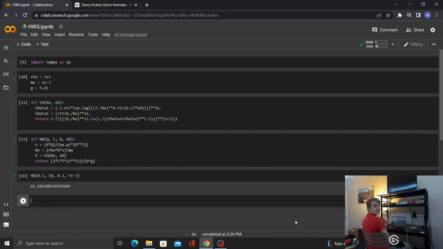So now we can start the final part of this problem, which will be calculating the flow rate when we know our head drop.